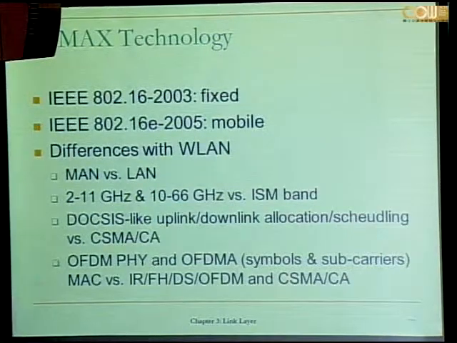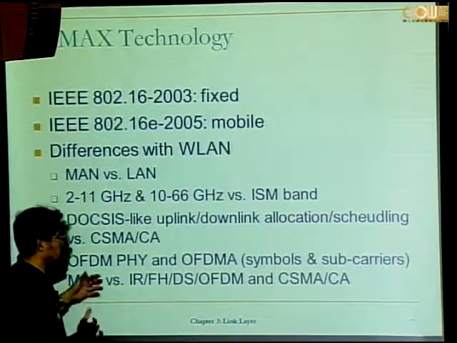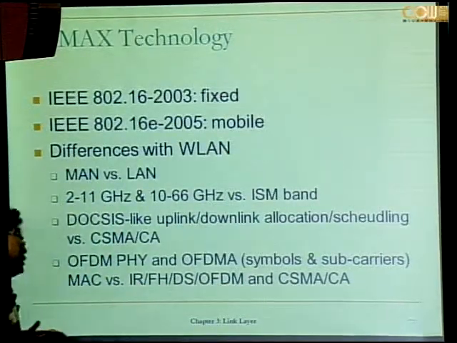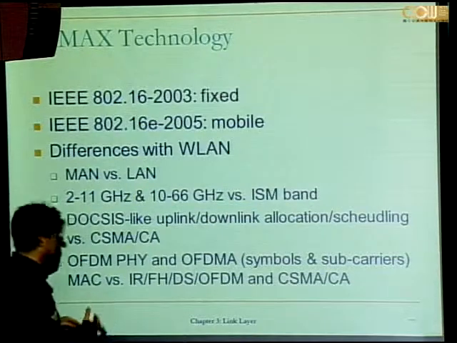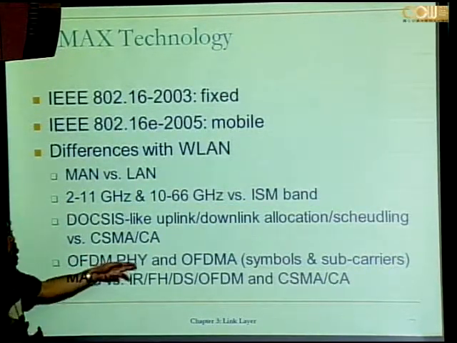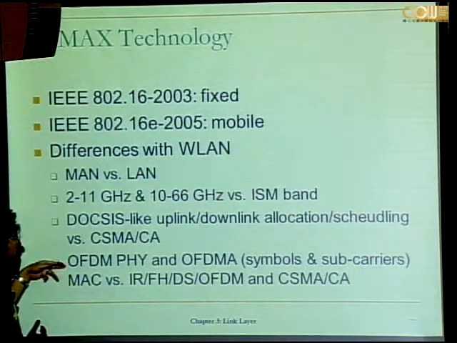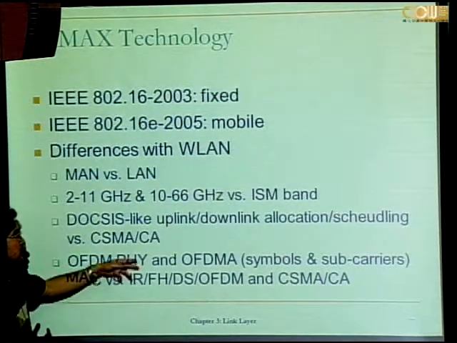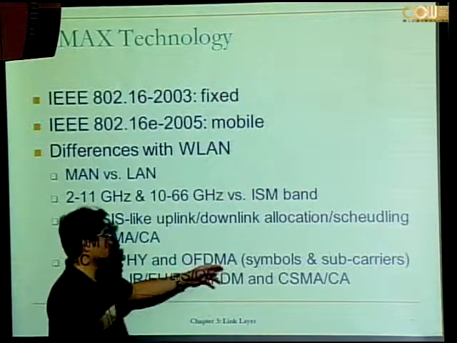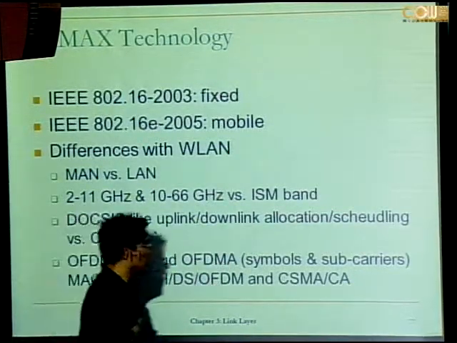And the physical and MAC layer on wireless LAN, you have 4 choices and CSMA-CA, but on WiMAX you have OFDM physical layer and OFDMA for multiplexing as the MAC layer.